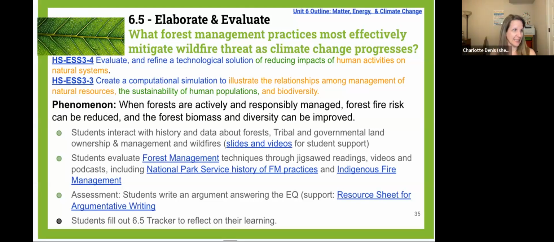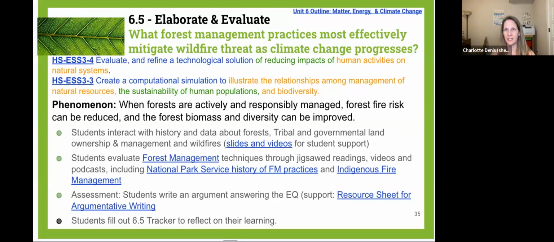But this last task, 6.5, can be done, I'd say, in probably 3 days, but I like to stretch it out to 4 days to give students the opportunity to do the research that it really calls for.